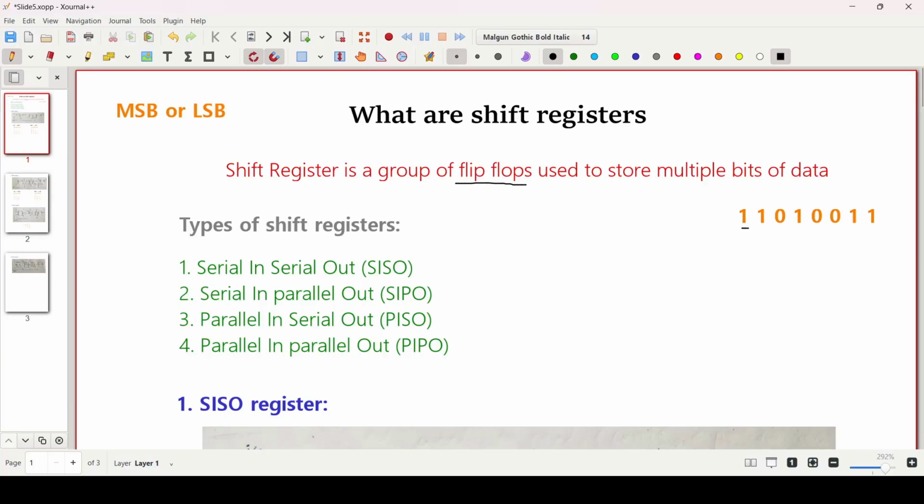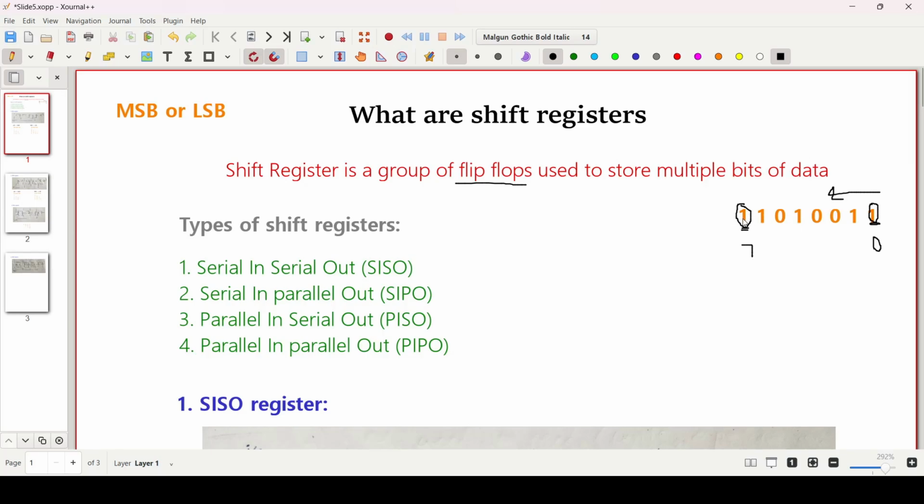So this bit is called the most significant bit, right? And this is called the least significant bit. Why? Because as you can see, the indexing of the bits starts from the right hand side to the left hand side. So this bit, that is 1, is at index 0 and this bit is at index 7, right? 0 1 2 3 4 5 6 7.